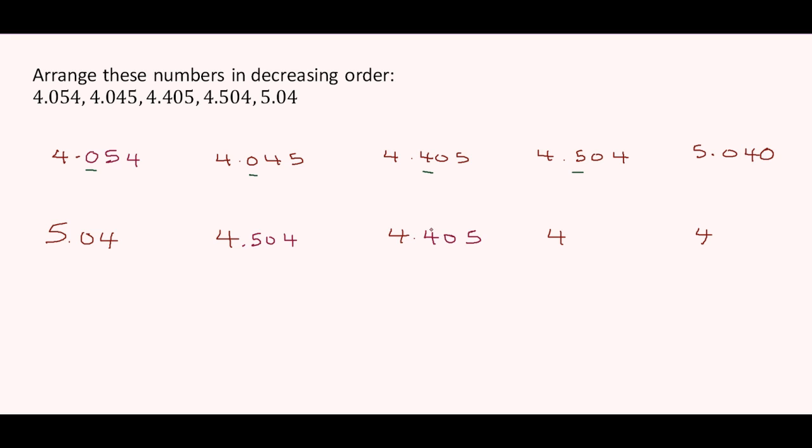And then now we're left with these last 2, the ones with 054 and 045. Now, which of these is the larger? We have 5 here, we have 4, so 4.054, 4.045. So this is how you will arrange numbers in decreasing order, especially when you have whole numbers and decimals.